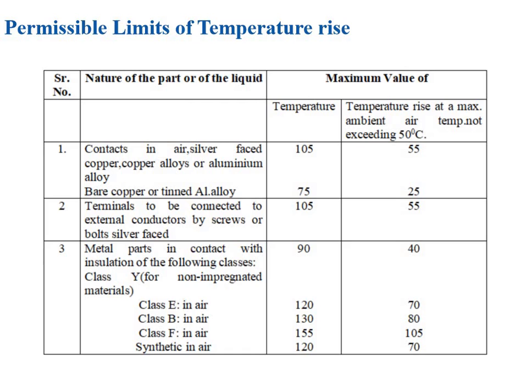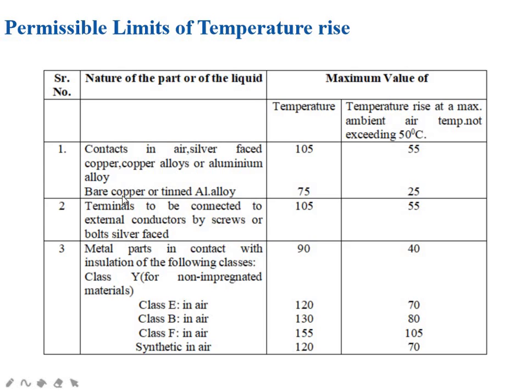If the circuit breaker contacts are in air and are made of silver faced copper, copper alloy or aluminum alloy, the temperature is 105 degrees centigrade, and the temperature rise at a maximum ambient air temperature not exceeding 50 degrees is 55. So if 50 degrees centigrade is the ambient temperature, then the temperature rise is 55 degrees.